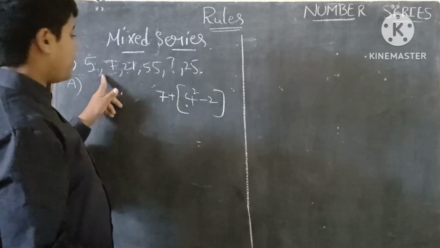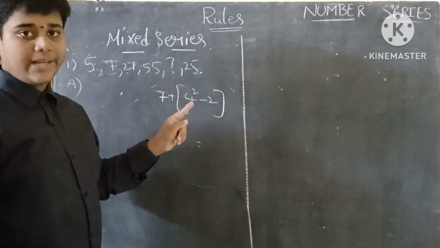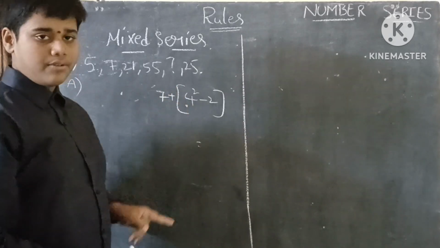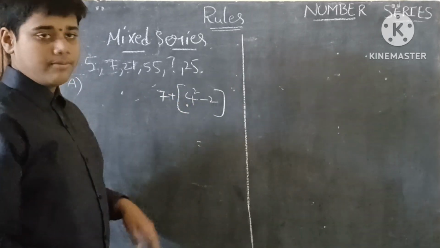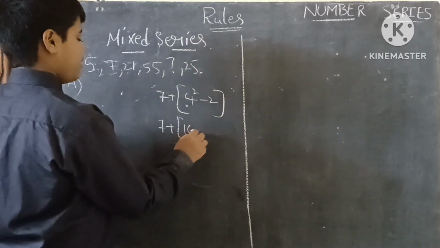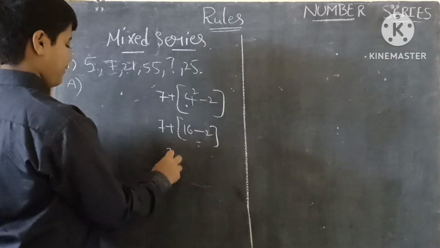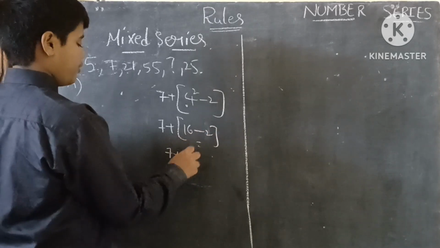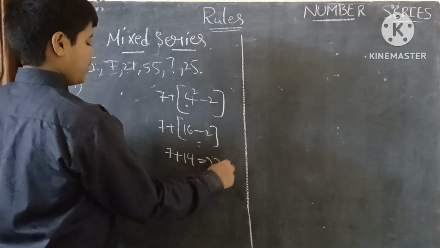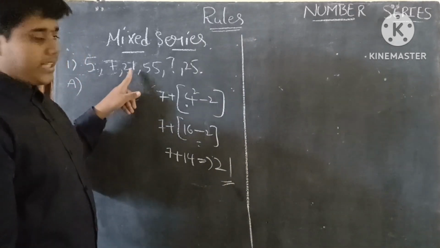In 5 plus 2 square minus 2, first we have to take an even number and the next even number 4. So 4 square minus 2. So 7 plus 16 minus 2, 14. So it becomes 21. It becomes 21, the next number.